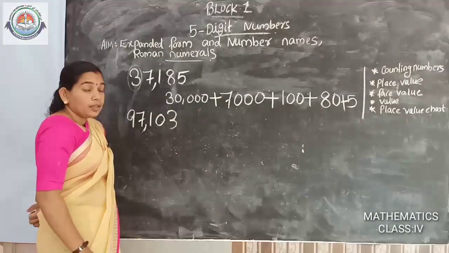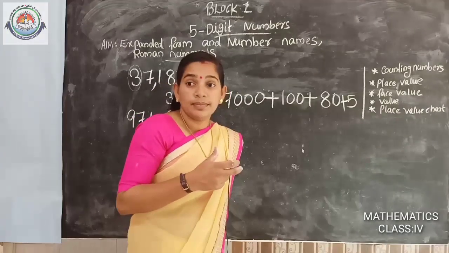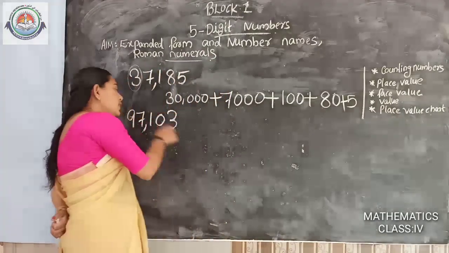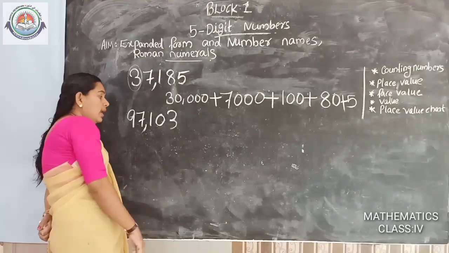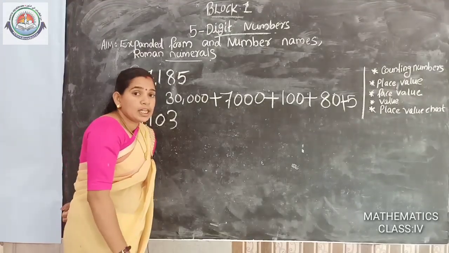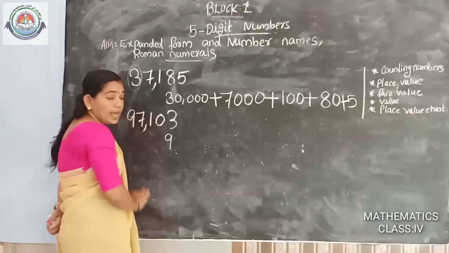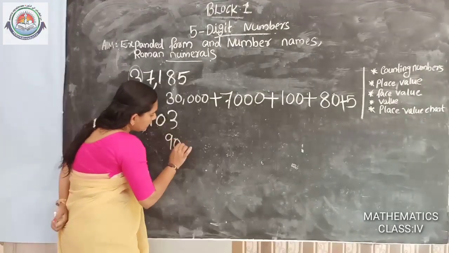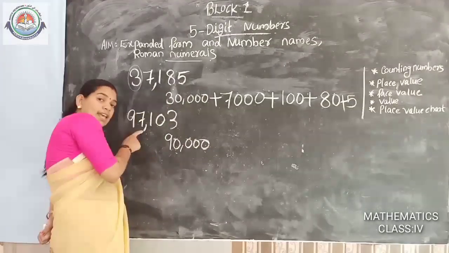Okay, first we want to find the values of each digit. Here the first digit is 9. 9 is in the place of 10,000. So the value of 9 is 90,000. Next 7.